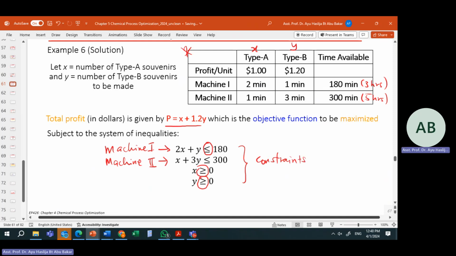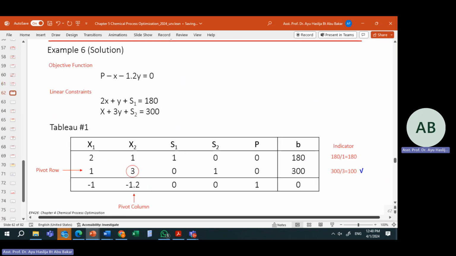Now, moving forward to set up the tableau, identify the objective function. Remember to rearrange your objective function equal to 0, because later on, this value is the one we will input in the table.